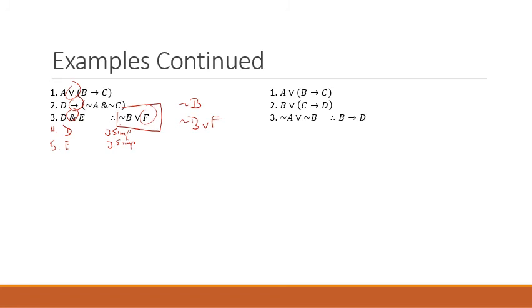So the first thing that we're going to do is use this D from line 4 along with the conditional from line 2 and do a modus ponens, right? So line 2 is D arrow something. And modus ponens says if you have the antecedent, which we do, which is just D, then you can get the consequent.